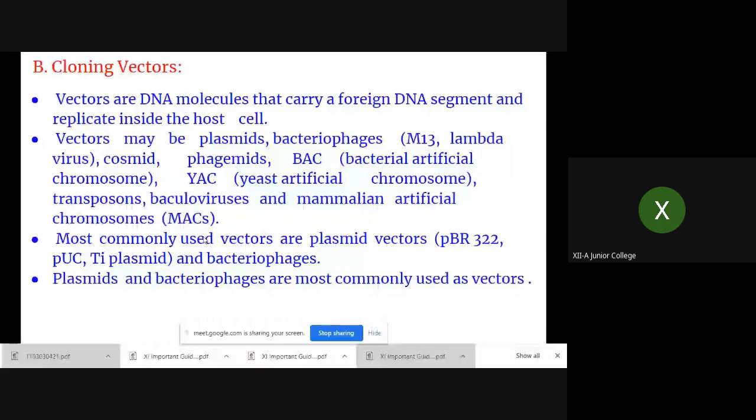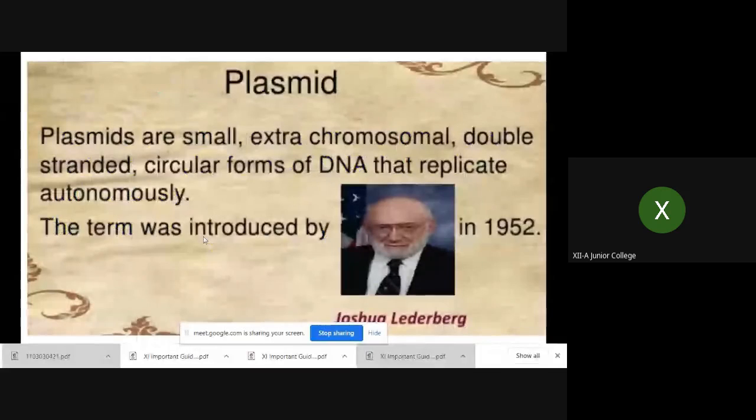We'll try. So just remember, these are small extra chromosomal double-stranded circular forms of DNA that replicate autonomously. Just now I explained the characters of vectors. The same characters are present in plasmids also. But plasmids are small in size, and they are also extra chromosomal. Why extra chromosomal? Because they are present generally in bacterial cells, yeast cells, etc. These bacterial cells have their own genetic material, their own chromosome.